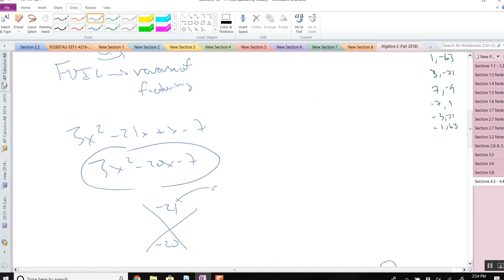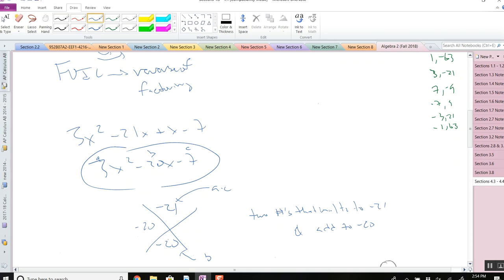Now in this case, I'm doing a times c, not just the constant, but that's a, and that's c, and that's going to be b. Put b right there. So you find two numbers that multiply to -21 and add to -20. Well, guess what? That's going to be -20 and 1.